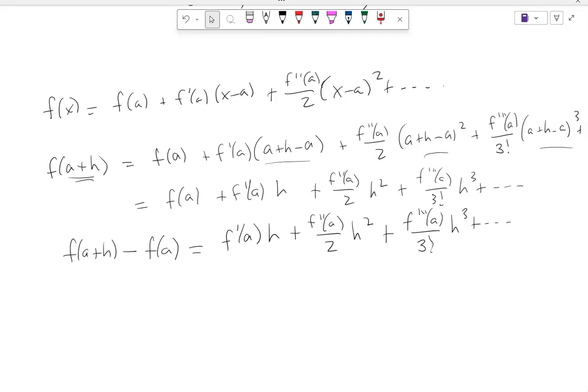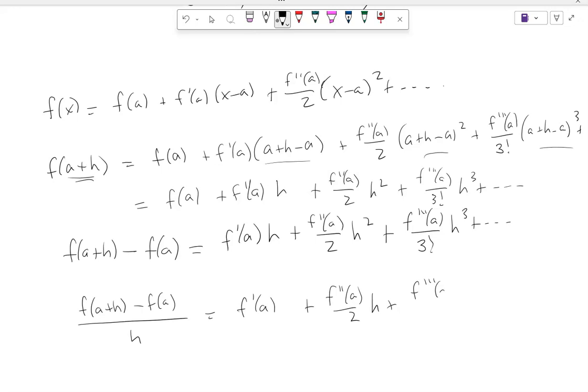And now, the last step for this one. If I want to make an approximation for the derivative, I would divide by h, right? What do I get on the right-hand side? Well, I really do get f prime of a, and then I get a bunch of other stuff on the end.